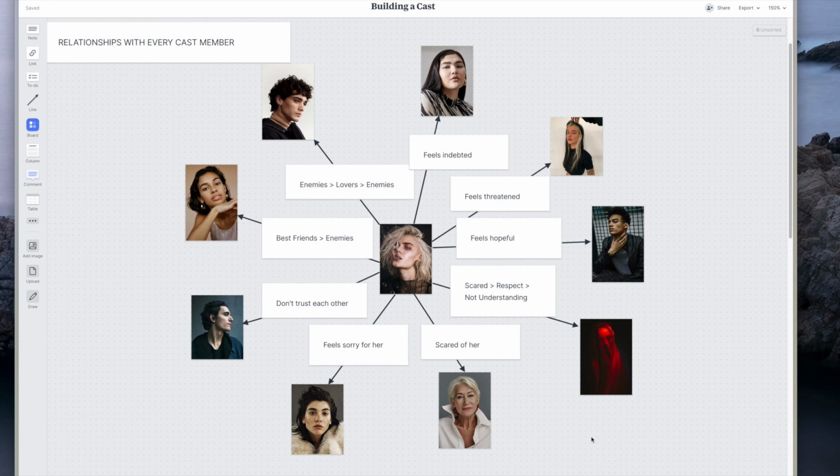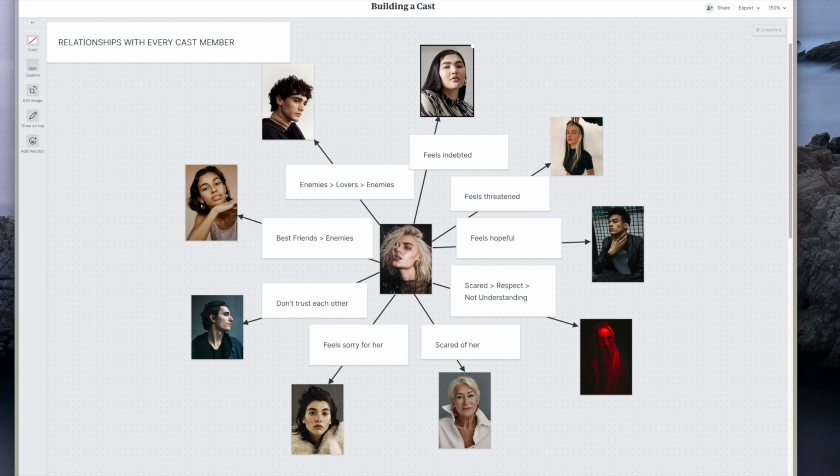So in this coven circle, I really just did like a feeling phrase. So with my main character, Helen, I have with our main male character that they go from enemies to lovers to enemies again. She goes from best friends to enemies with Zoya, and then all these other things with these other characters, right? How she feels about them throughout the book.